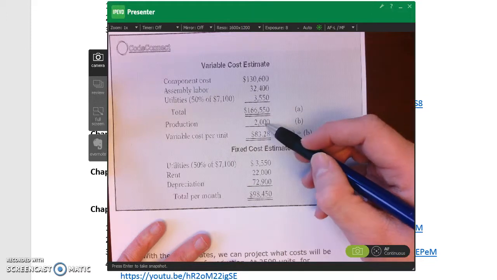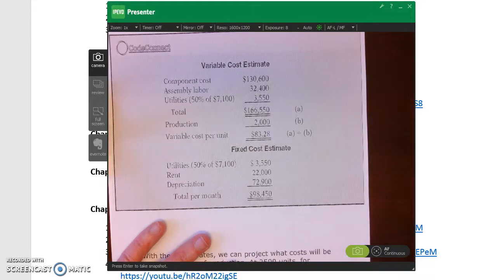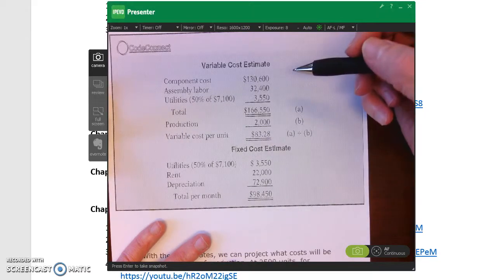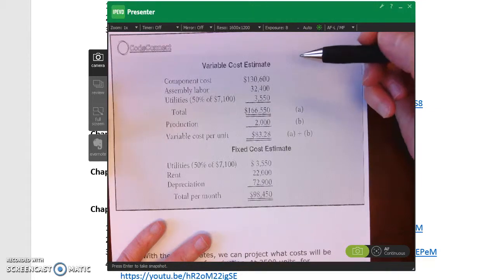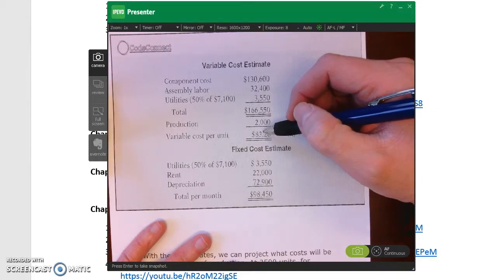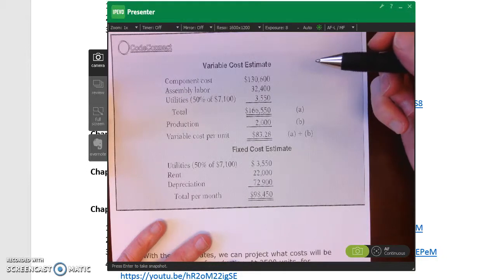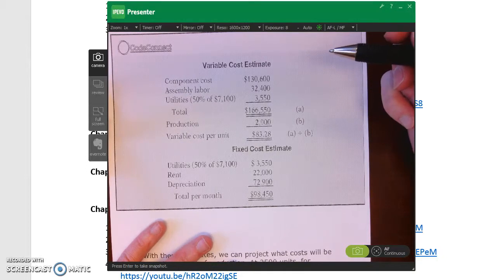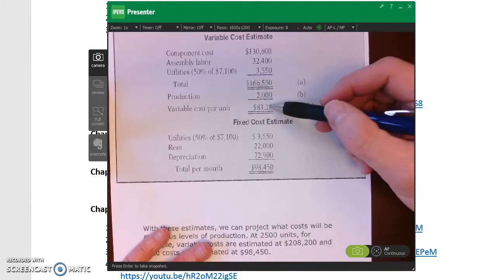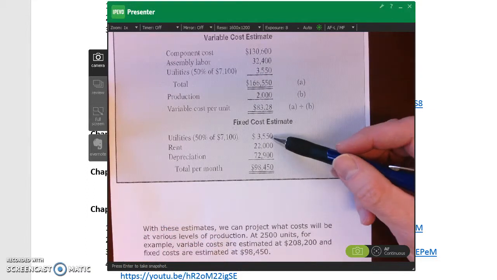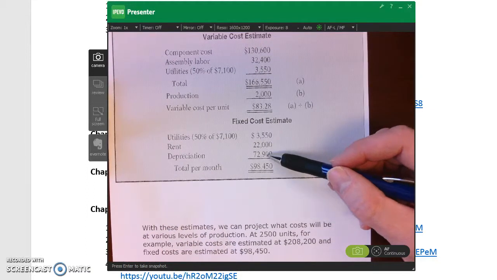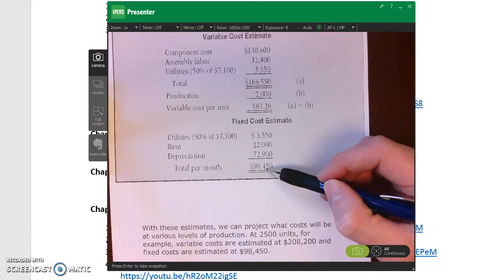We can divide that by the 2,000 units. Remember, on the prior page, that cost breakdown of 265 was for making 2,000 units. So this gives us a variable cost per unit of $83.28. Before I go on, let's also look at our fixed costs. Half of our utilities, our rent, and our depreciation gives us our total fixed costs.